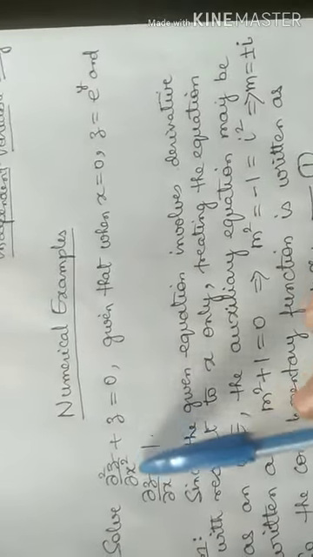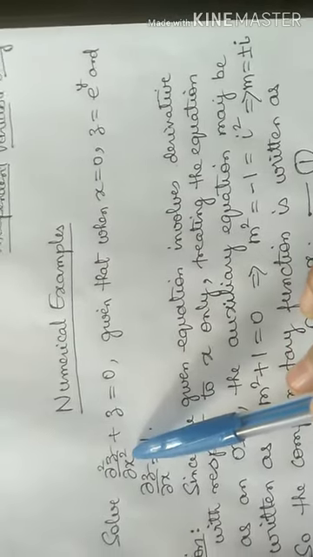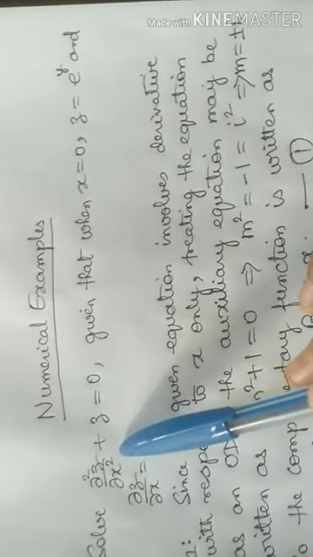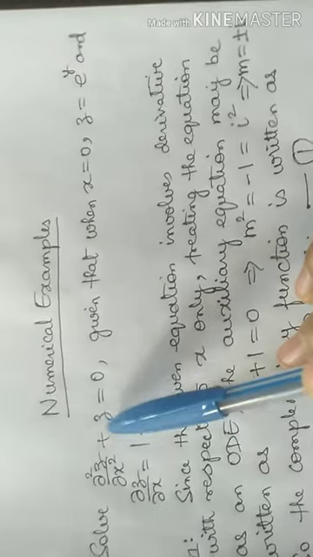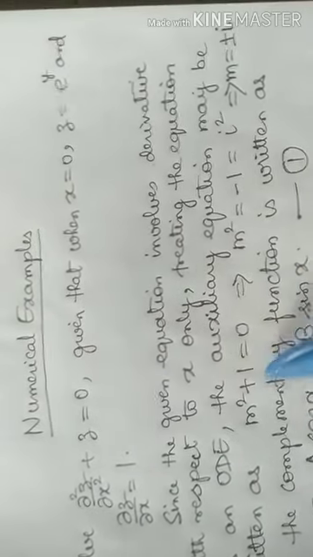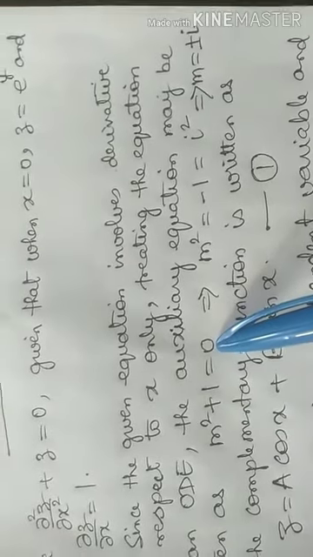Since this partial differential equation contains partial derivative with respect to one independent variable only, that is x, treating this equation as an ordinary differential equation, we are able to write down the auxiliary equation as m² + 1 = 0.